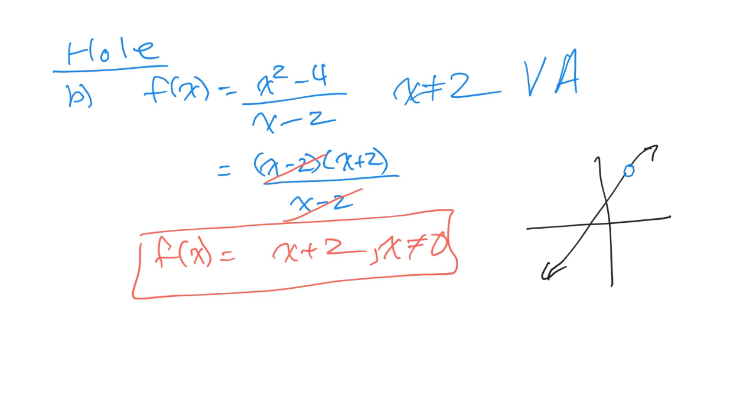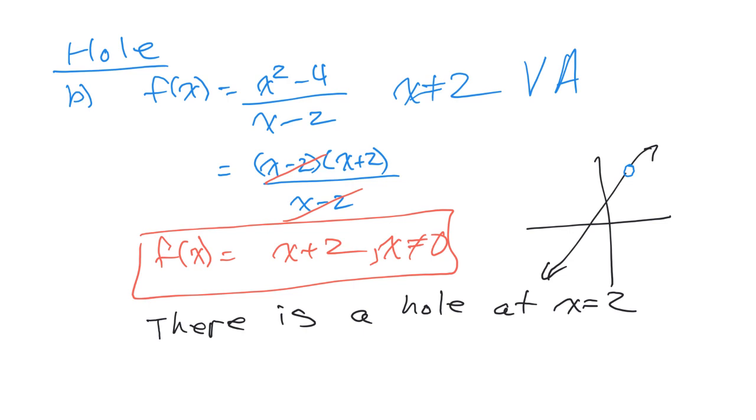Now, for the horizontal asymptote, let's take a look at that. Before we do that, you're just going to say there is a hole at x equals 2, but our graph looks like x plus 2.